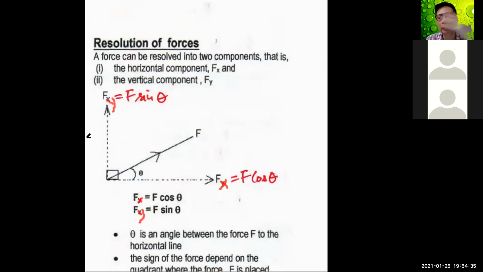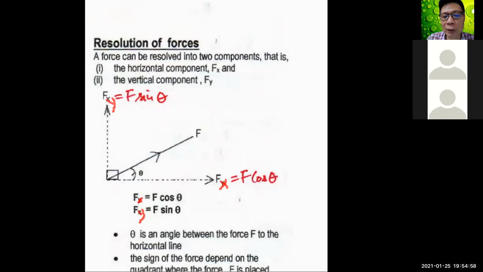The rules of resolution: we will pick up the force with the x component and y component every time. You break the force into x and y, okay? And please don't memorize that x must be cos and y must be sine. No, not like that. You must see where the angle is.